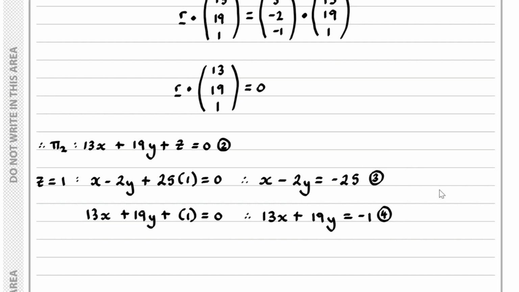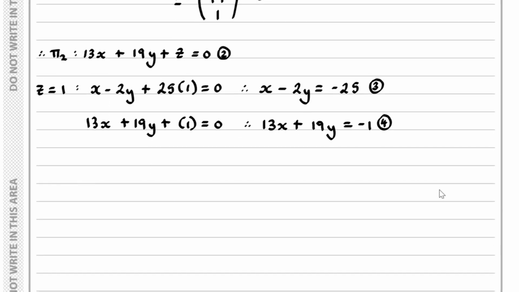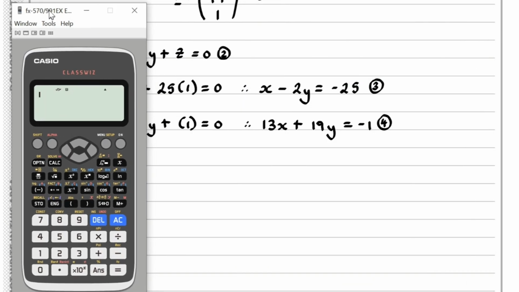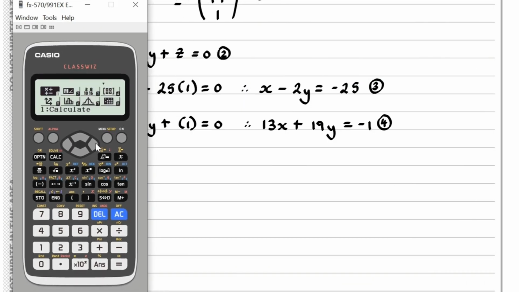We can now solve equations 3 and 4 simultaneously, and if we were to do that, let's go to our simultaneous equation solver. We've got 1x minus 2y minus 25. We've also got 13, 19 and minus 1.